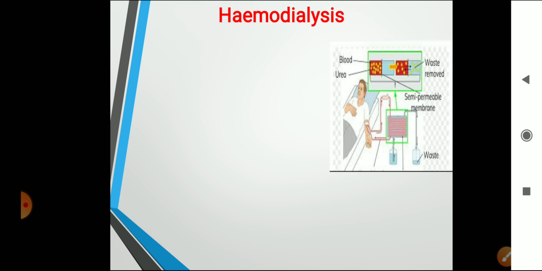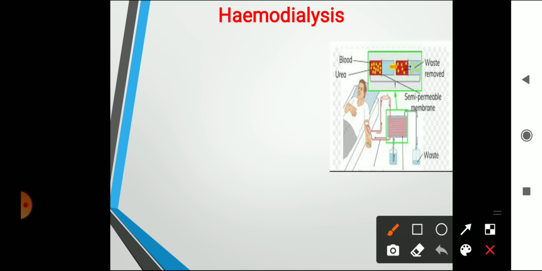Now hemodialysis, here you can see a picture where a patient is lying down, and next to that there is a machine, which is called the dialysing unit.